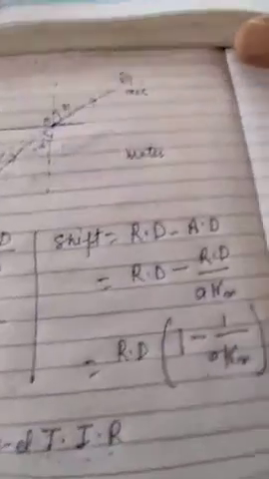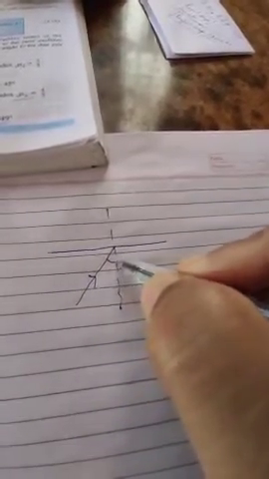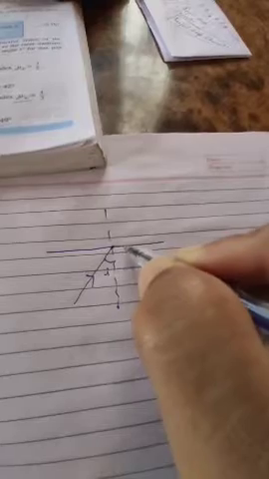So at one stage, on increasing the angle of incidence, the refracted ray will bend along the boundary of separation, perpendicular to the normal.